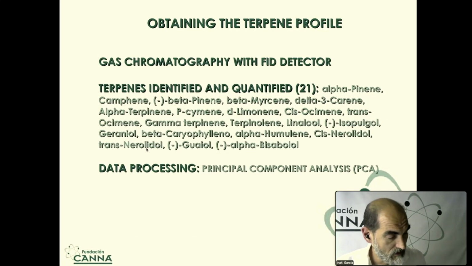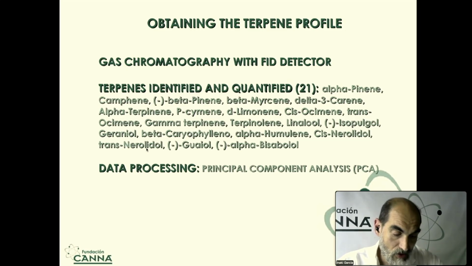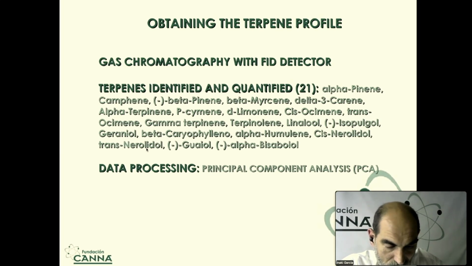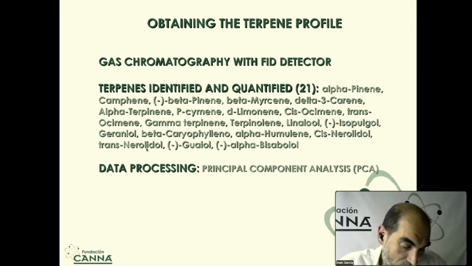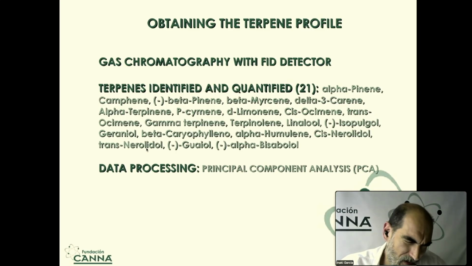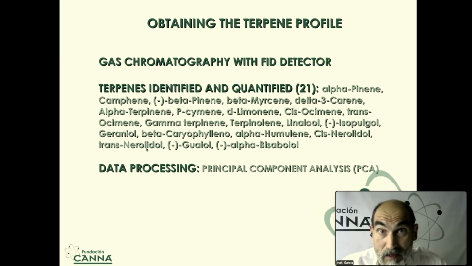So what we did several years ago was an analysis of terpenes of several plants. As I said, we use gas chromatography with FID detector, and we can identify and quantify in the lab 21 terpenes. We analyzed 72 or 76 flowers, and with the terpene profile of each plant, we performed a statistical tool called principal component analysis.